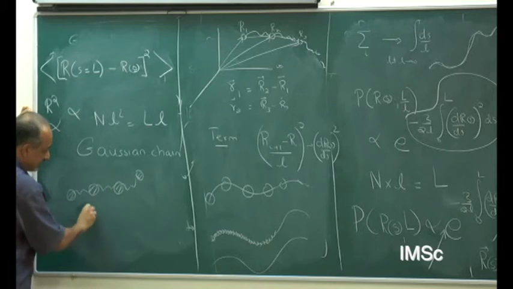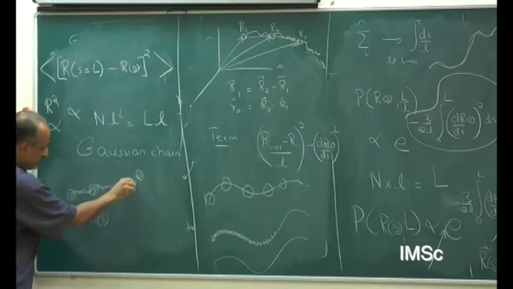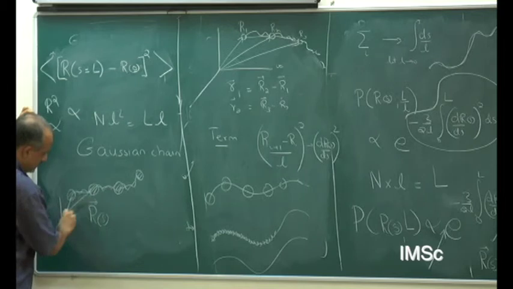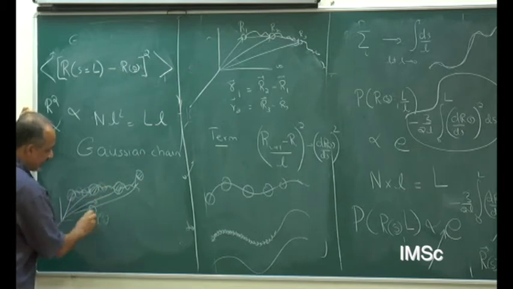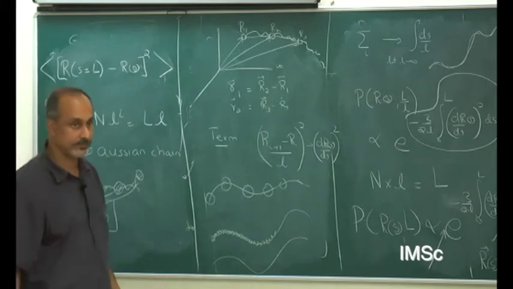And this defines the configuration R of S of the polymer. As you move along the chain, as you move along these beads, the configuration is given by a set of vectors here, here, here, here, etc. And in the limit where the number of beads becomes very large, this approaches the smooth function R of S, which is one trajectory of the polymer.